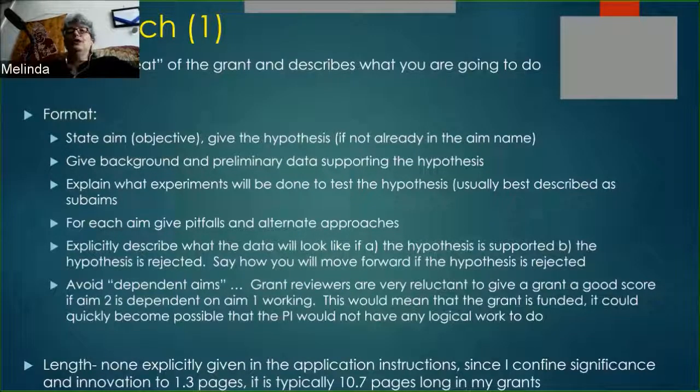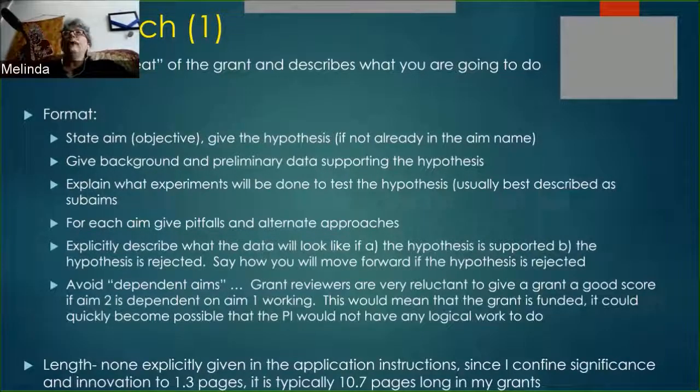And you say how this preliminary data and this background lead to a particular hypothesis. And then you can explain what experiments you're going to do to test that hypothesis. Usually, I think that is most effective as sub-aims. NIH grants under the current format don't want your buffer concentrations.